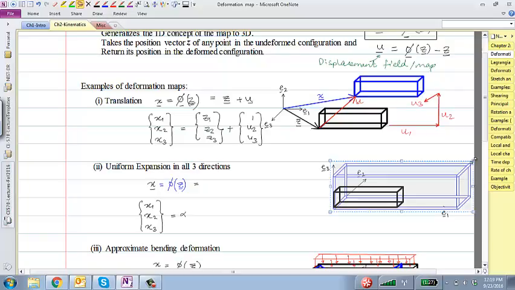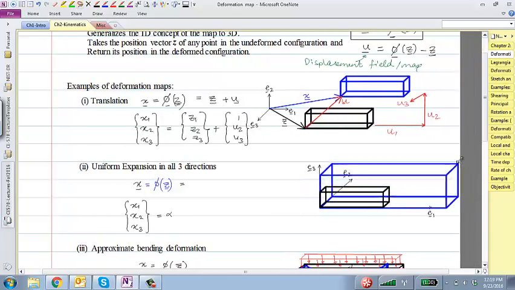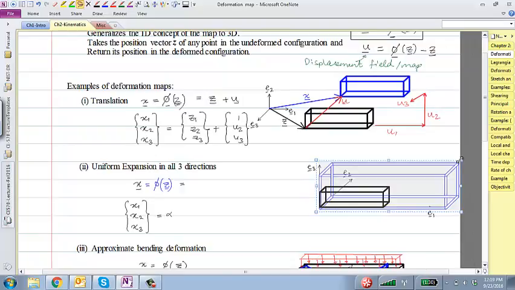What we are doing really is, from the original position, pick any point in the original position. If its coordinates are z, the final coordinates are how much? 2z. In this case, if I'm expanding it by 2, then if initial coordinates were z, the final coordinates are 2z.